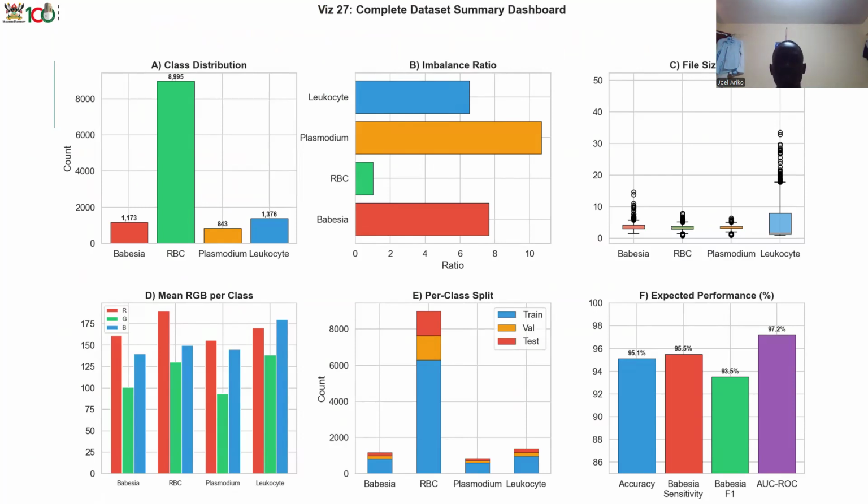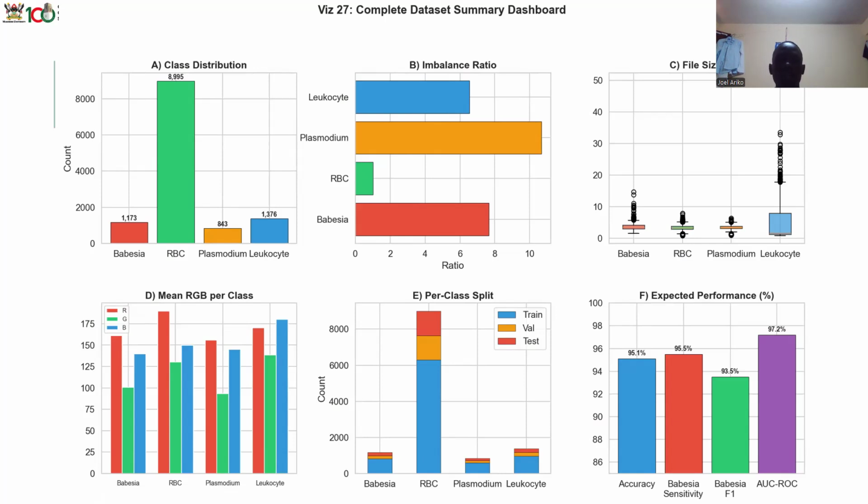I start with the class distribution. We had to check how many samples our data set has. We came to the conclusion that red blood cells were too many compared to the other 3 classes.